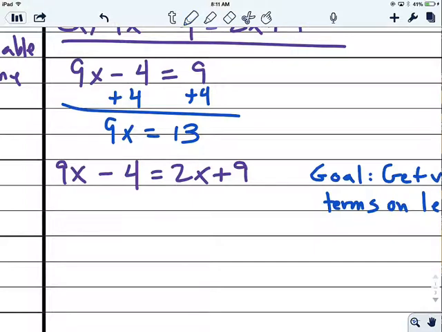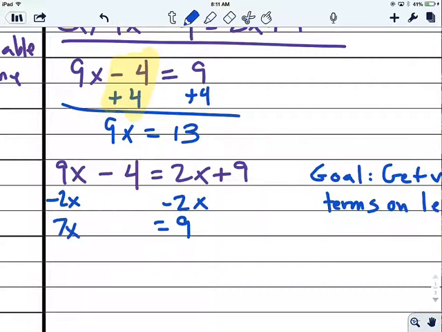Now just like before, when I got rid of the minus 4, I had to do the opposite. I'm going to do the same thing here. Since it's a positive 2x, I'm going to take away 2x, because 2x minus 2x gives me 0x. That's just going to leave me with the positive 9 over here. But when you're solving equations, you have to do the same thing to each side of the equation. So I'm going to put minus 2x over here, and I'm subtracting x's, so it's going to go right underneath 9x because that's its like term.